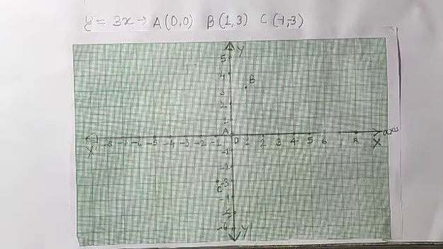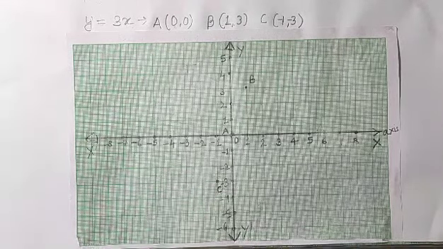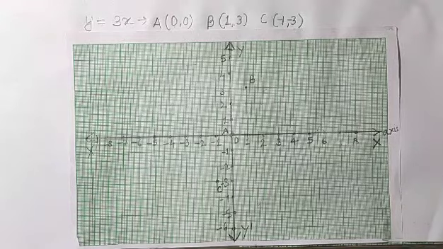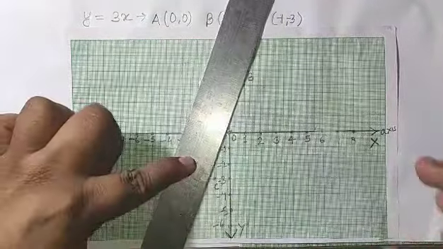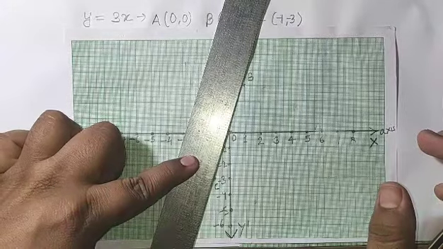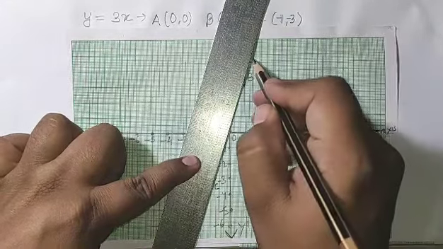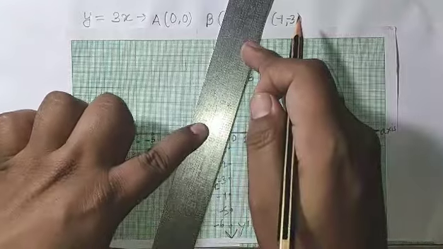Now, students, as I have told you, just join these 3 points so that you will get a linear equation. Here I am going to join these 3 points by the scale.